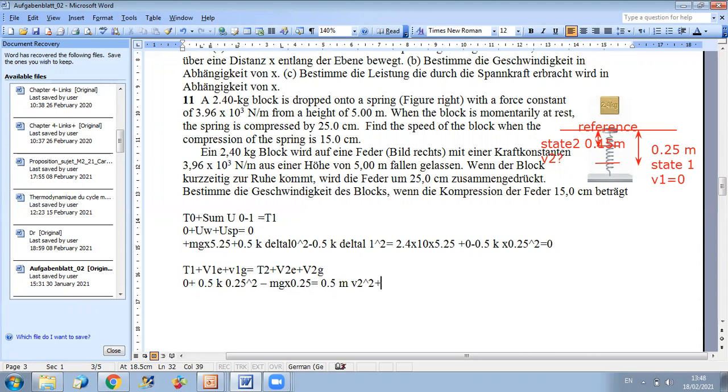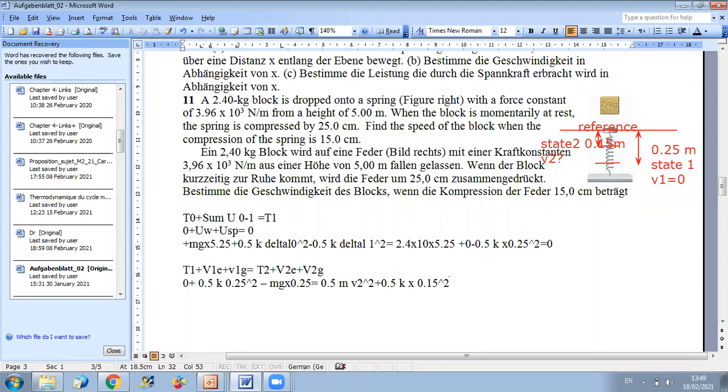plus, what is the elastic potential? It's 0.5 K times delta L2 squared. What is delta L2 at state 2? 0.15. Exactly, 0.15. So times 0.15 squared.